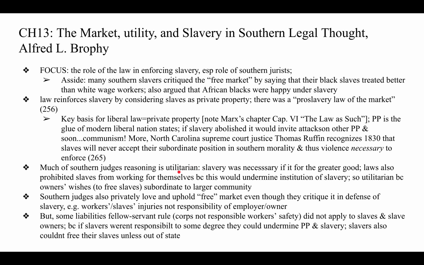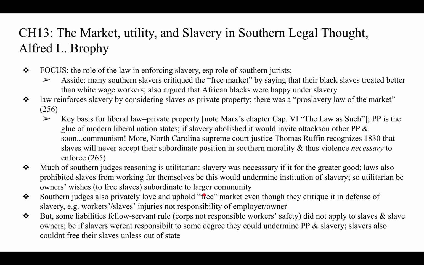Much of Southern judges' reasoning was very utilitarian. Slavery was necessary if it was for the greater good, they thought. Laws also prohibited slaves from working for themselves because this would undermine the institution of slavery.